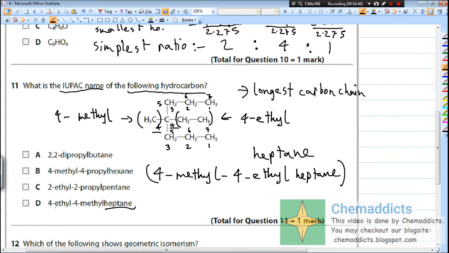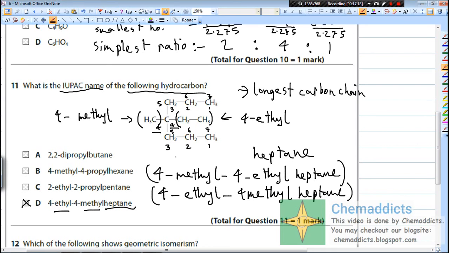Since these are arranged according to alphabetic order, ethyl comes first, methyl after, so D should be the answer. The accurate name for this is 4 ethyl 4 methyl heptane. This is the accurate name for this compound.